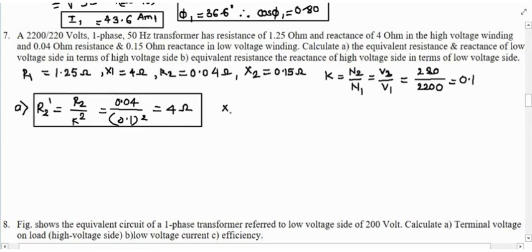Similarly, find out X2 dash. What is X2 dash? It is nothing but X2 upon K square, which equals 0.15 divided by 0.1 whole square. Right? So you will get this as 15 ohm.